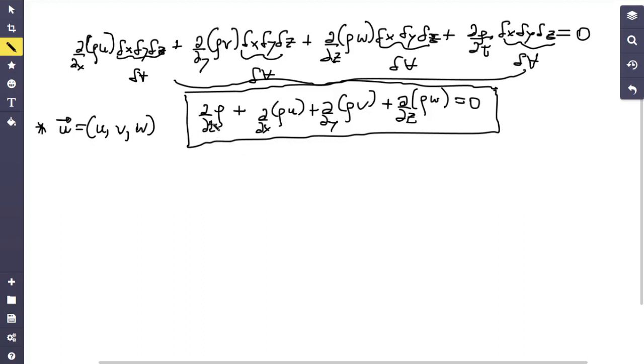for incompressible flow we don't have a significant variation of the density, although we can have a variation of density in time for incompressible flow.